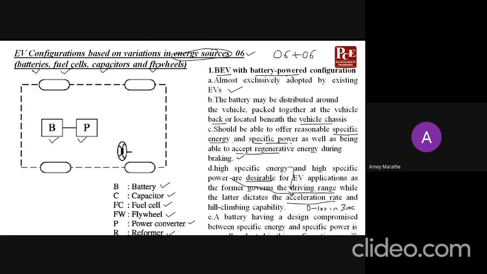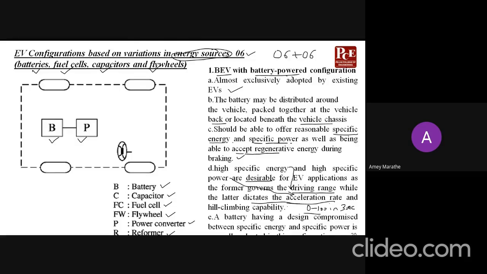They will always claim that. What does that mean? They are talking about high specific power, because that is what is dictating your acceleration rate. So 0 to 100 in 3 seconds means we are talking about high specific power.